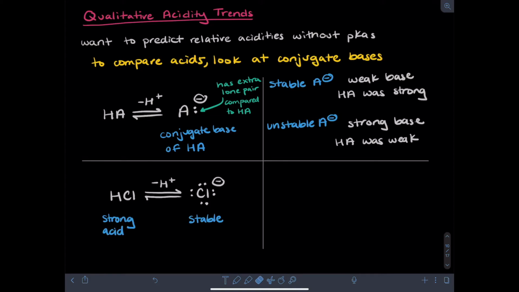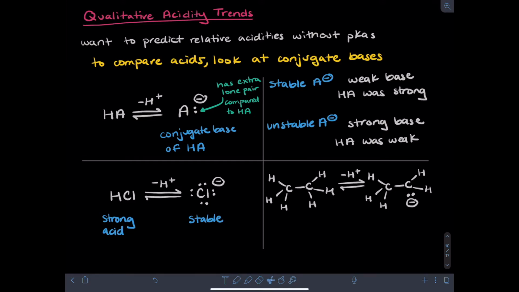HCl is a strong acid, and when it loses its proton, the chloride conjugate base is very stable, meaning it's a weak base. At the other extreme, let's consider our C2H6 molecule. When this loses a proton, it forms a carbon with a new lone pair and a negative charge.